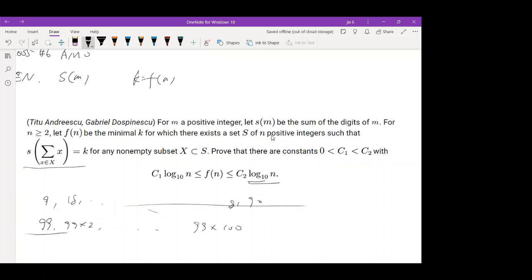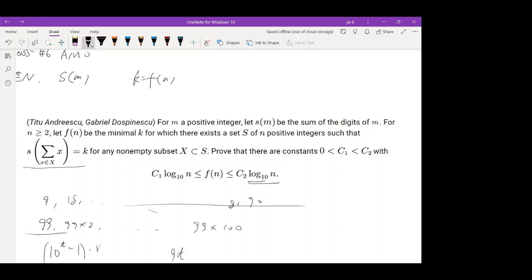So the next thing is to try all those numbers 10 to the t power minus 1, times some constant, and then you can see the digit sum for this one should just equal 9 times t.